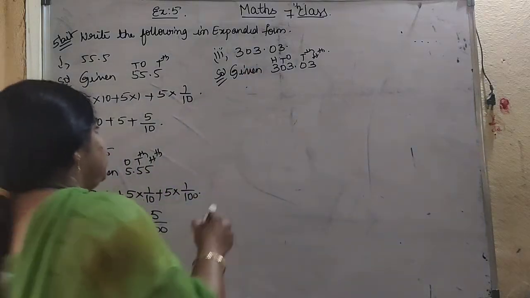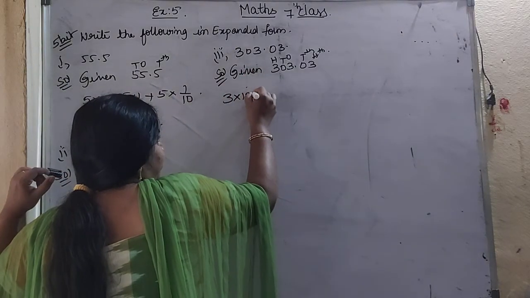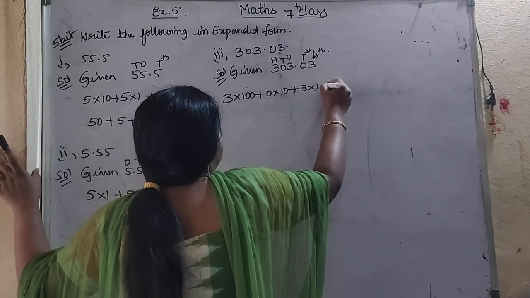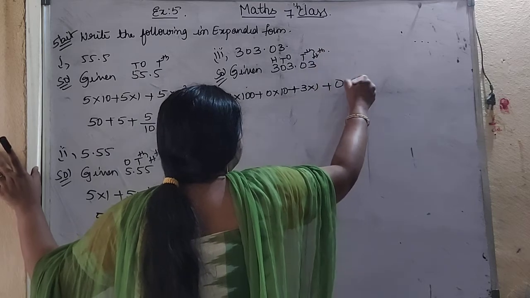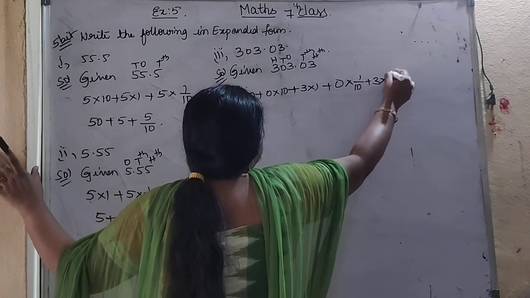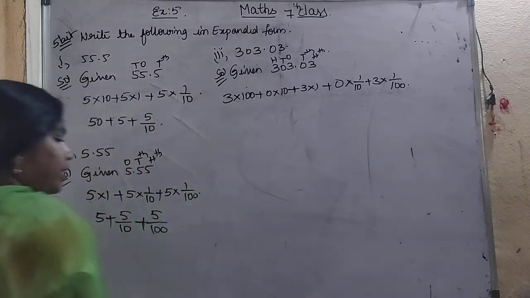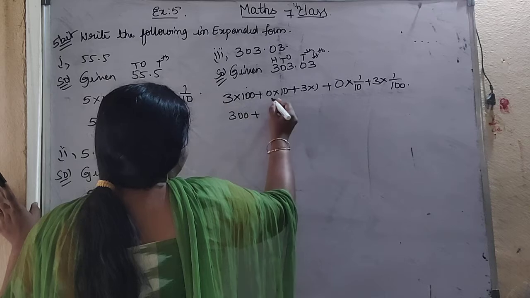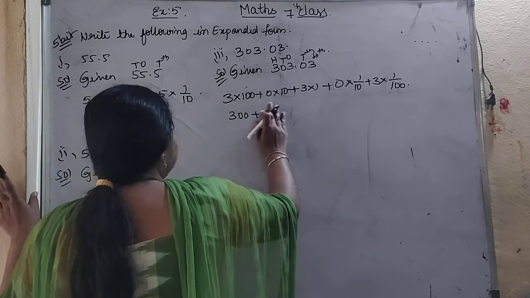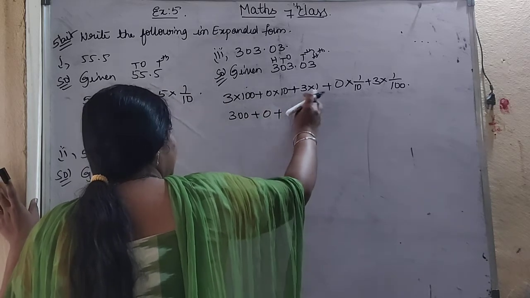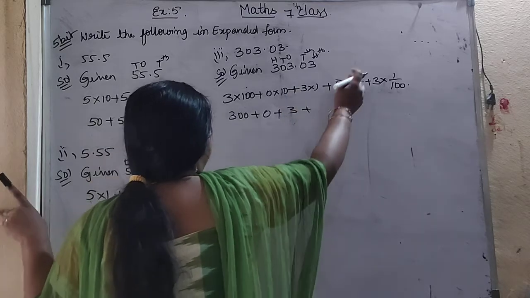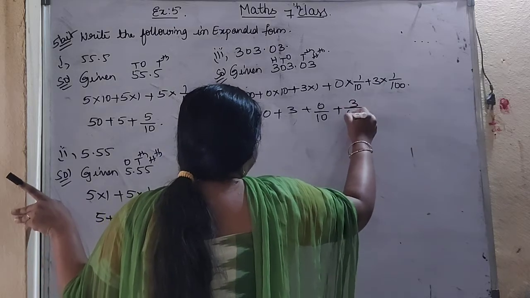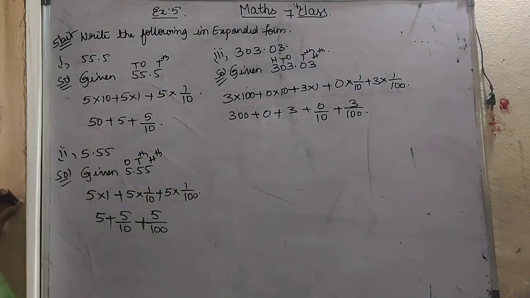So it will be 3 into 100 plus 0 into 10 plus 3 into 1 plus 0 is in the tenth part, that is 0 into 1 by 10 plus 3 into 1 by 100. Now multiply the terms each. So 3 into 100 is 300 plus 0 into 10 is 0, 3 into 1 is 3, 0 into 1 will be 0 by 10, 3 into 1 will be 3 by 100. So this is the expansion for the third question.